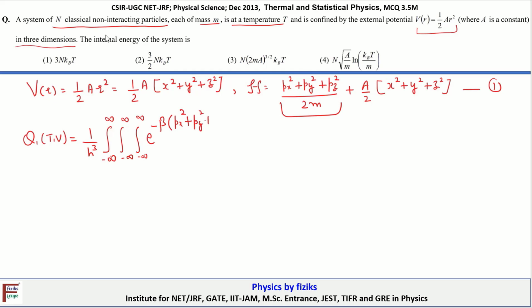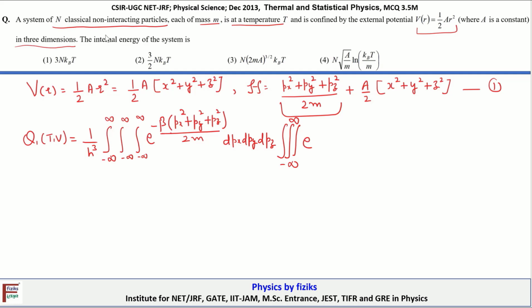plus py square plus pz square divided by 2m, multiplied by dpx dpy dpz, and then integration over the position coordinates, with limits from minus infinity to infinity for each integral.